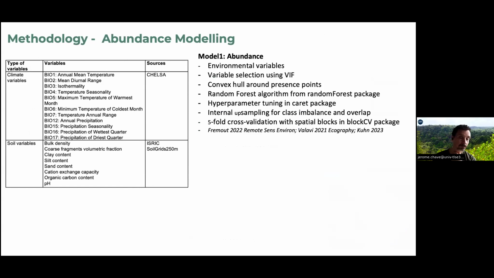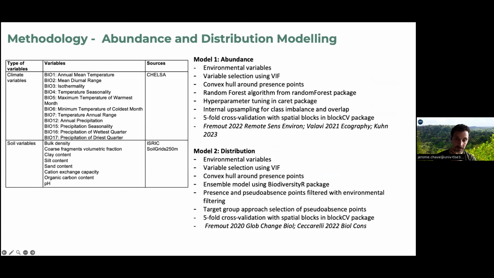Now, what we've been doing so far is trying to model the abundance of species, on a species by species basis, using bioclimatic variables and soil variables, with pretty much classic approaches by now. And we model the distribution of species as well, using the same environmental variables.